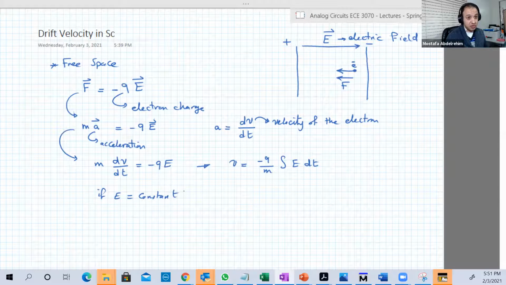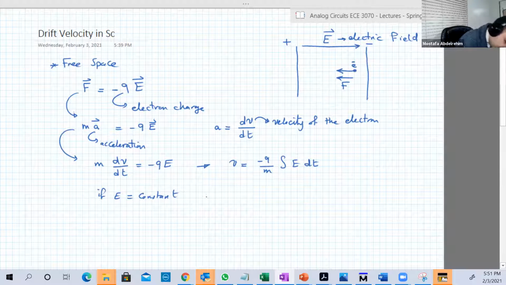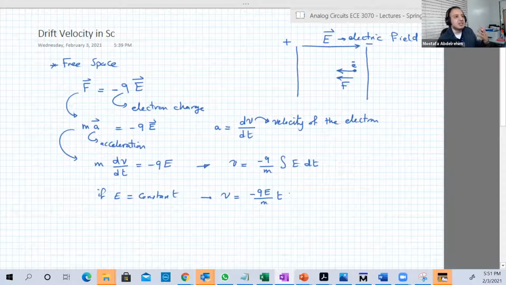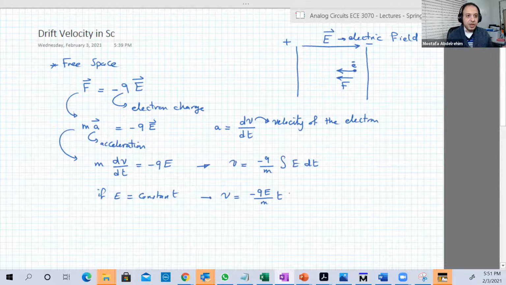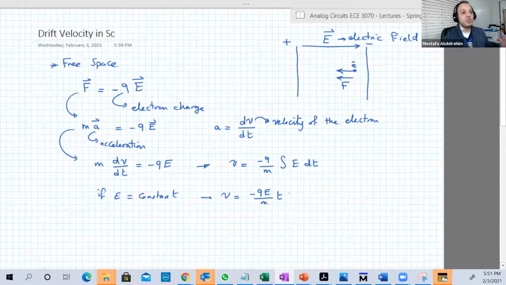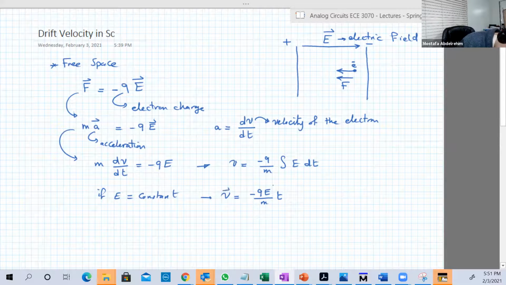So v will be equal to minus qE over m times t. And the minus here means that the electron will move opposite to the electric field again. So the force, the acceleration, the speed, all these vectors are opposite to the electric field in the case of the electron, I mean a negative charge.